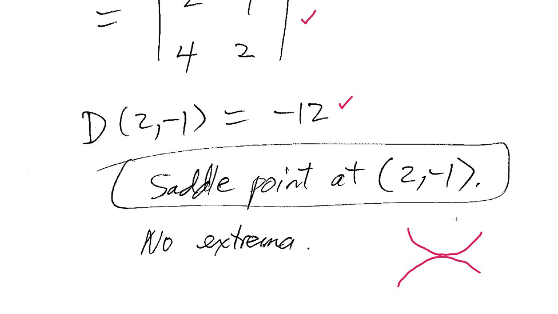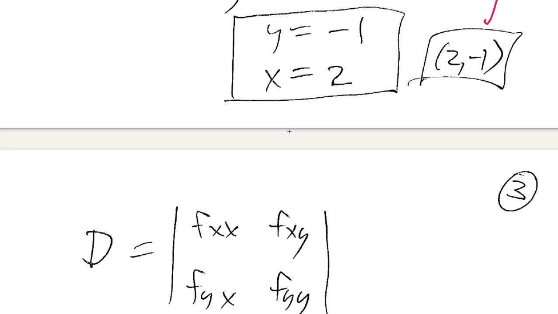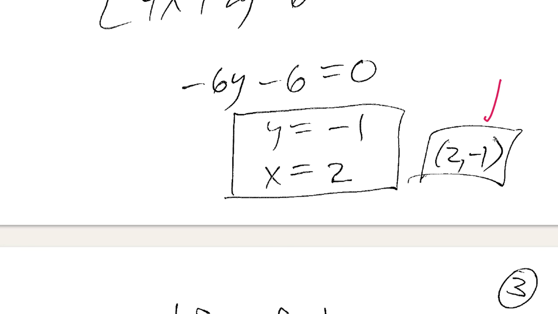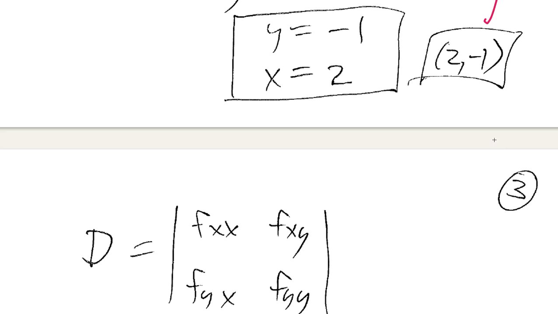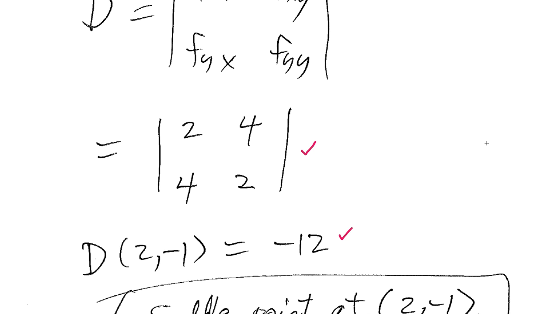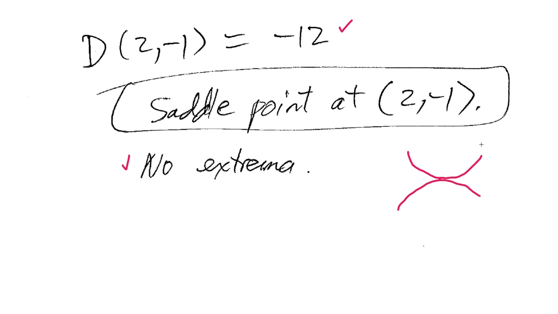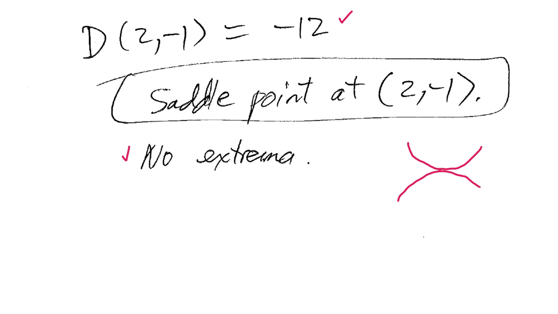There's not going to be any extrema then, because this is the only single stationary point that we've got. Just by the way, in other cases we may have multiple stationary points. I hope you understood that example. That's pretty simple. We'll do another one here real quick.